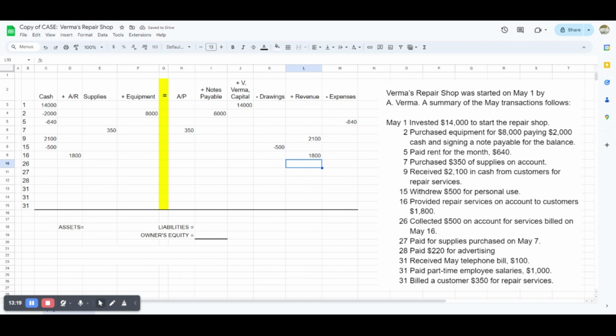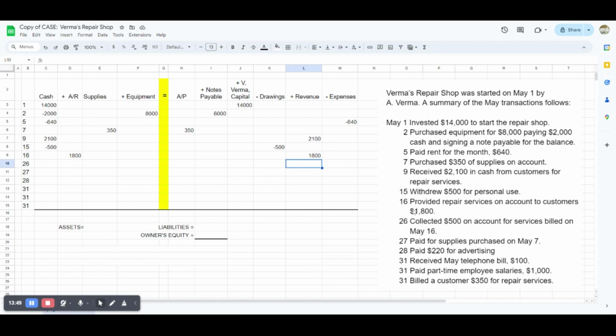Okay, now on May 26, collected $500 on account for services billed on May 16th. Okay, so if it says you collected $500 on account, that's just saying that your customer has now paid you $500 cash from what they owed you on May 16th in this case.